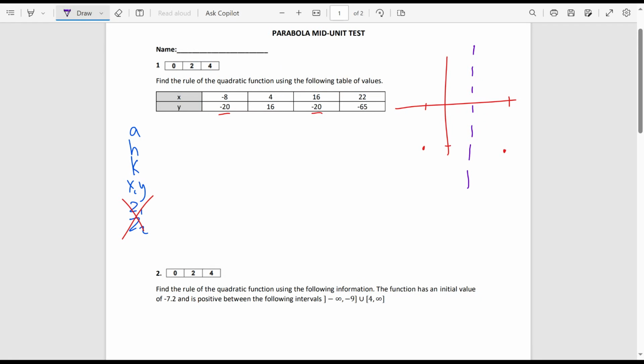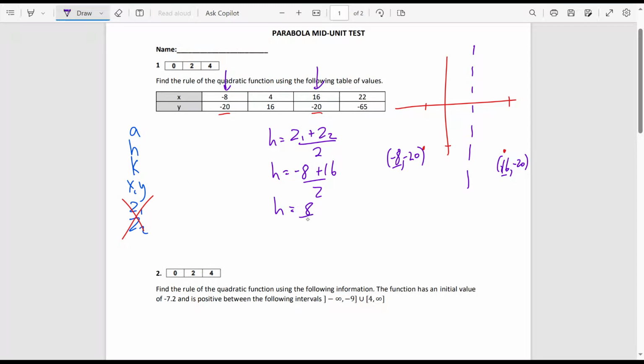It's not really zeros, but this formula is still going to apply if I take the x value of this one and the x value of that one. So if this is negative 8 and negative 20, and this is 16 and negative 20, I'm just going to evaluate the x's to get the middle of this function.